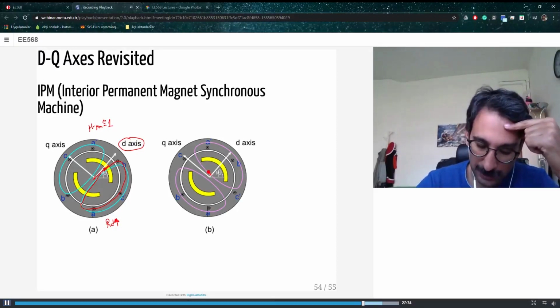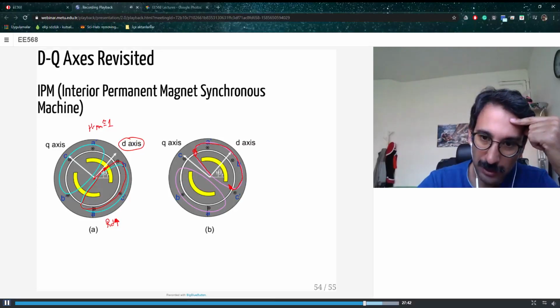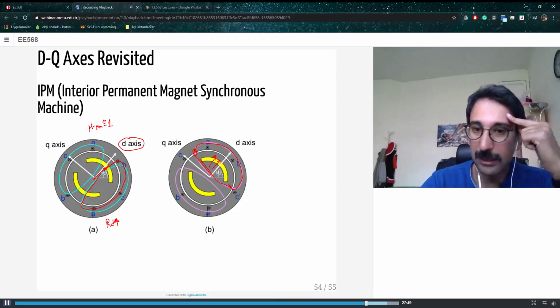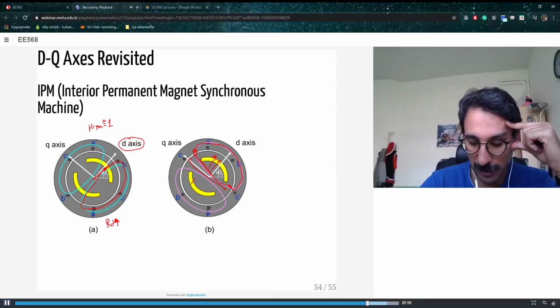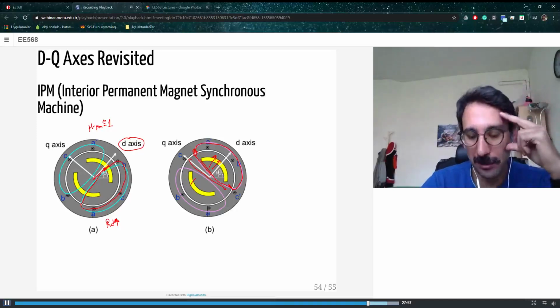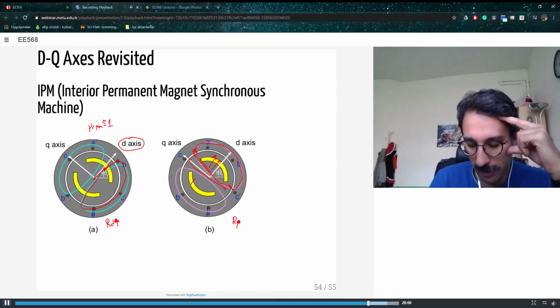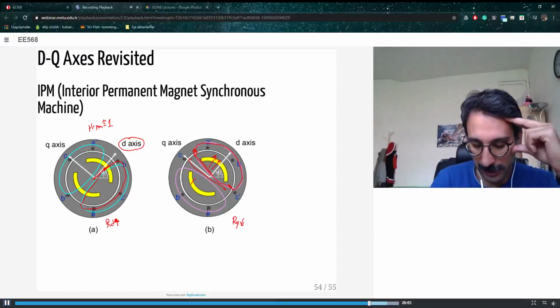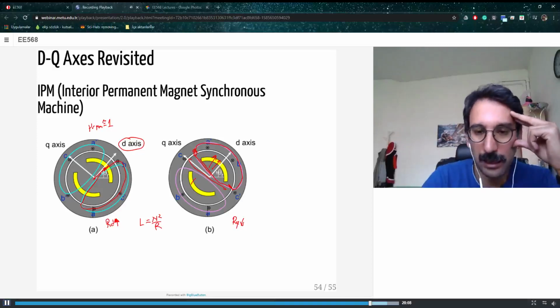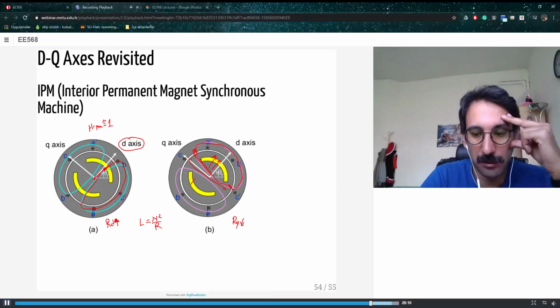However, if you look at the q-axis, I'm passing through one air gap, just traveling through the core, and then passing another air gap, and all the way back. So I don't cross those magnet thicknesses, instead I just travel between the magnets. Therefore here I am passing just 2 air gaps, so RQ is lower. Again, inductance is equal to N squared over R, and a high reluctance means a low inductance.